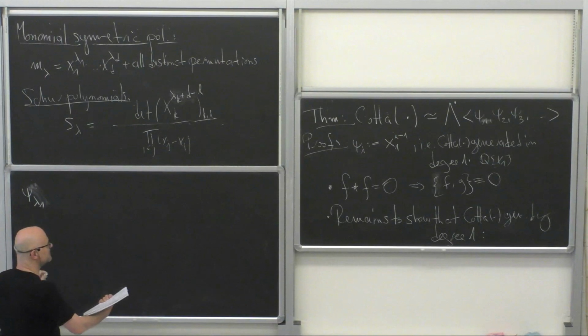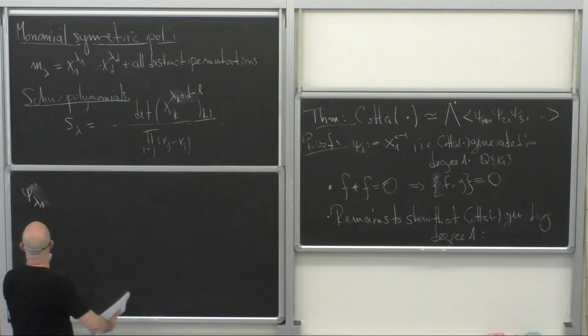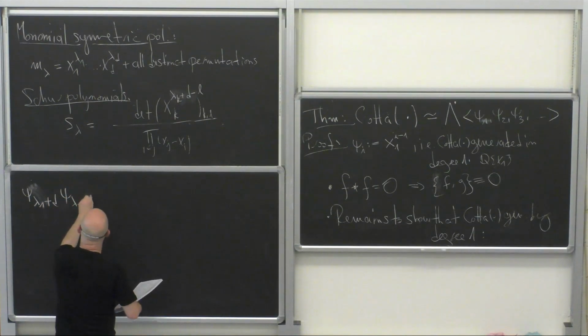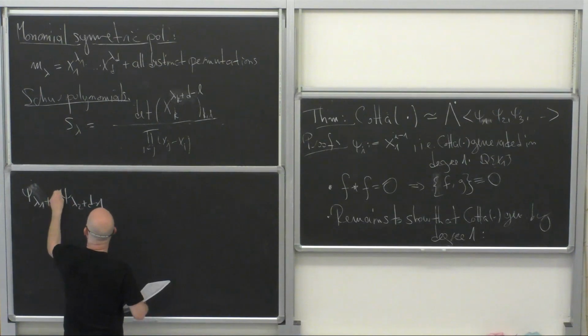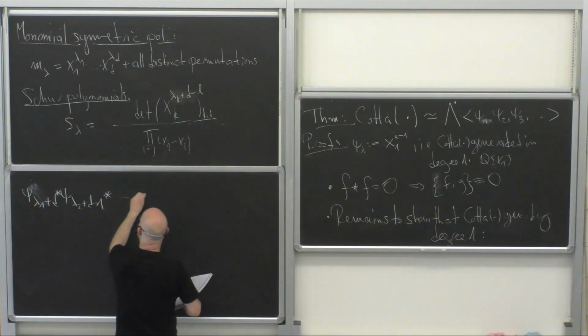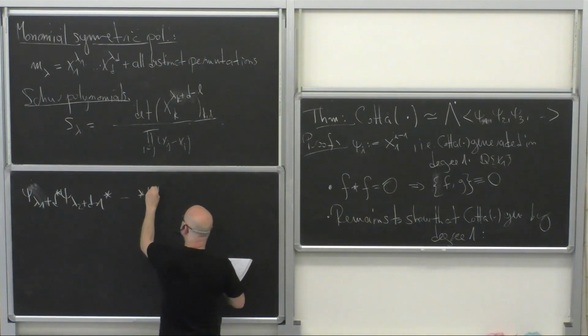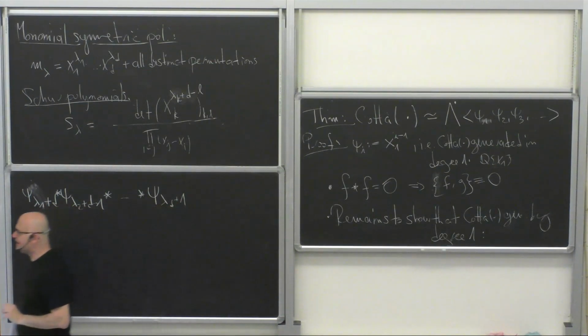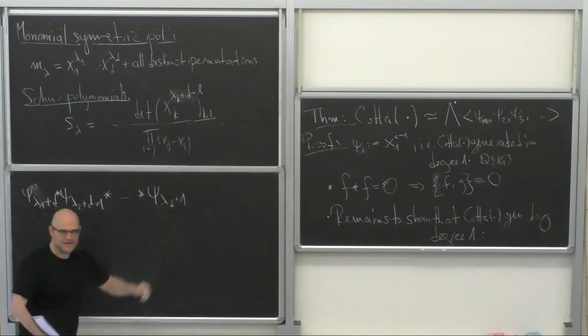Sorry, I have a shift in the indices compared to my notes, so I have to translate this a little bit. Again, we take a partition, lambda 1 to lambda d, and we are shifting the parts in the partition. We are shifting the first part by d, the second by d minus 1, and the last one by 1.